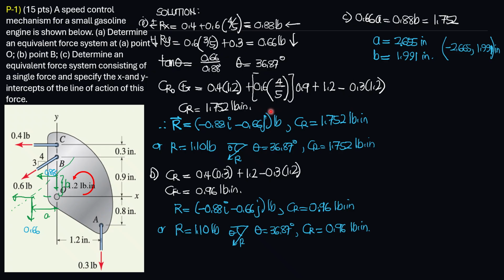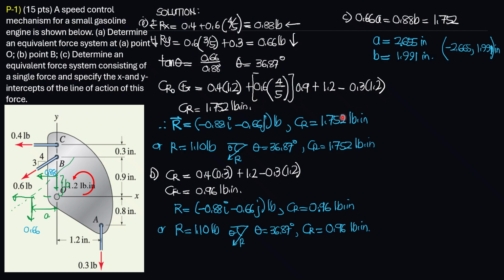So there are two ways to express the answer for the force couple system at O. The resultant force is negative 0.88 i minus 0.66 j pounds, and the resultant couple is 1.752 pound-inch, understood as counterclockwise.